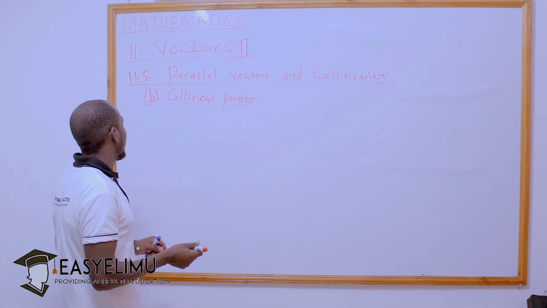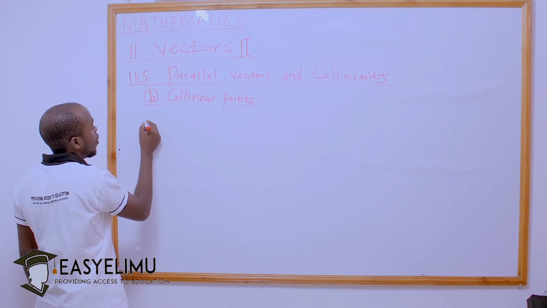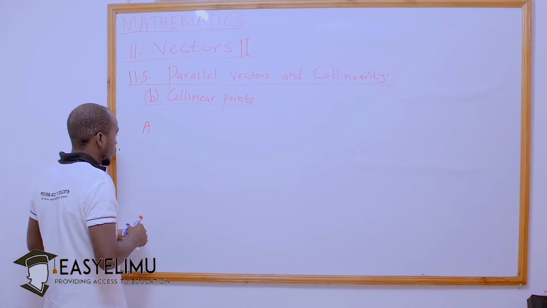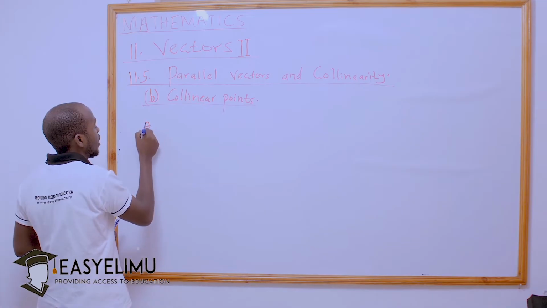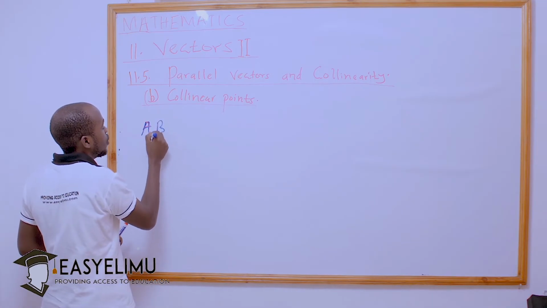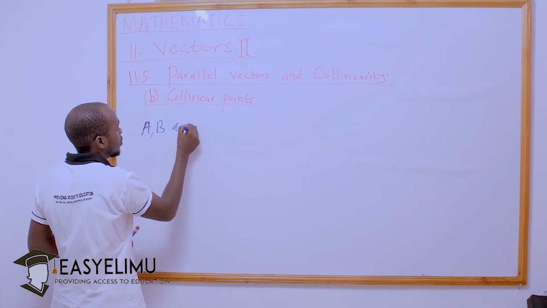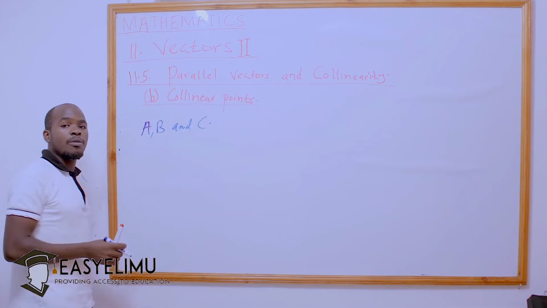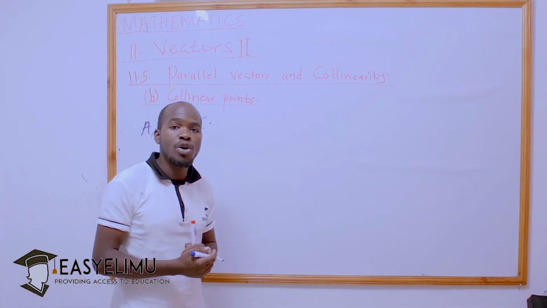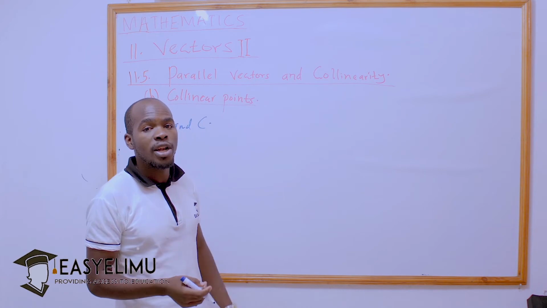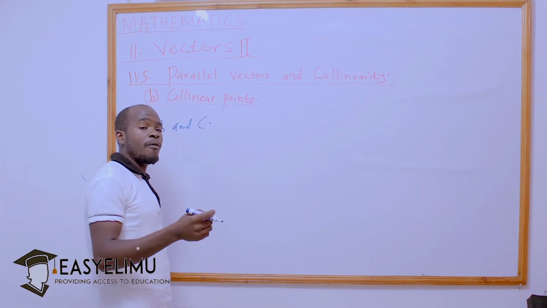To be parallel, in case you have points A, B, and C, then for them to be collinear, we are going to test 3 points only, that is 2 vectors.